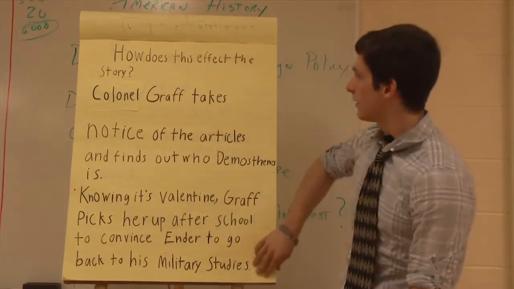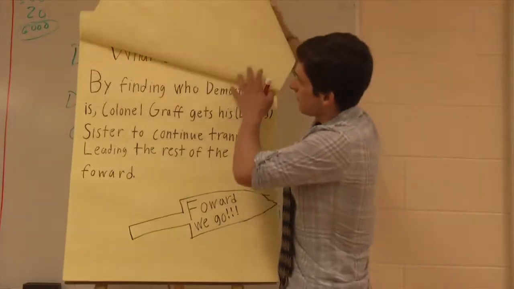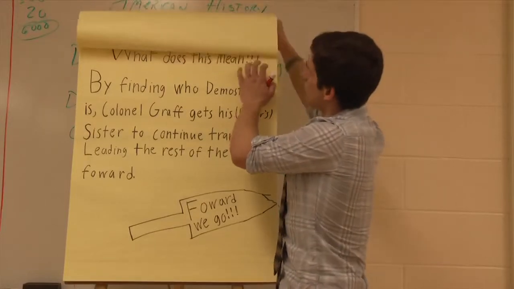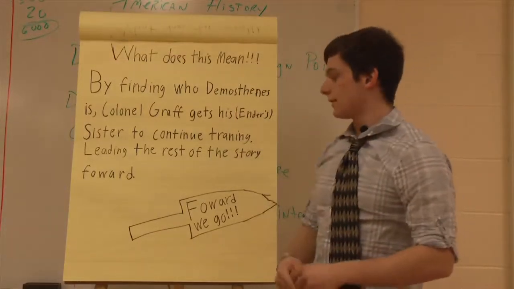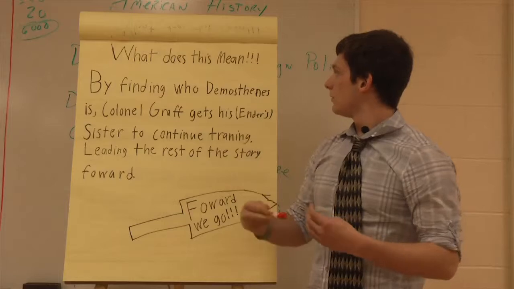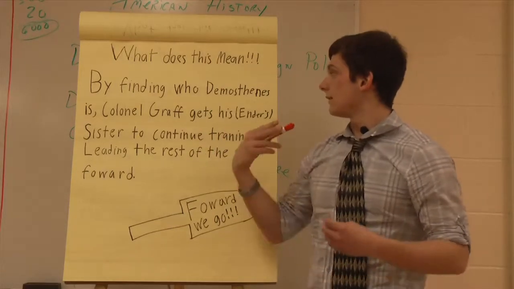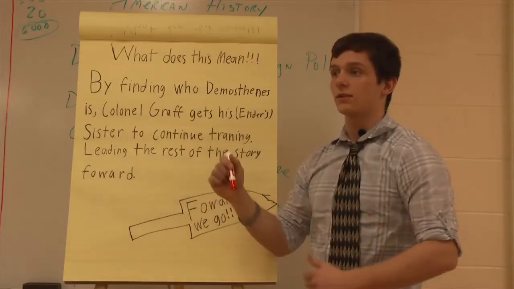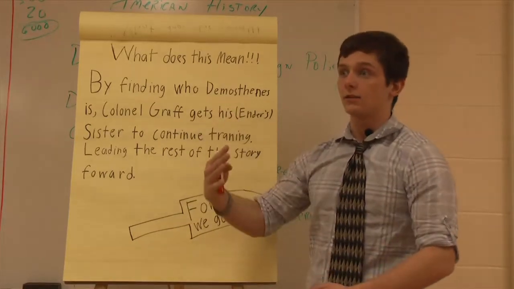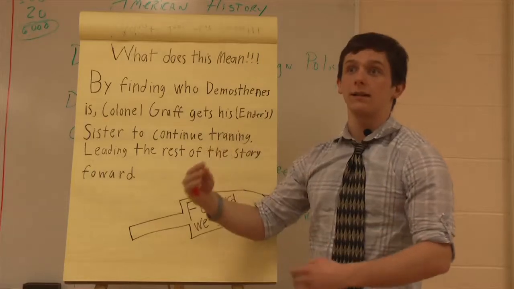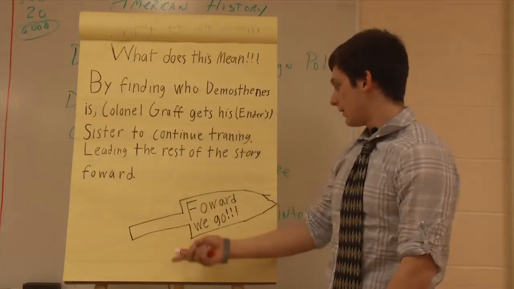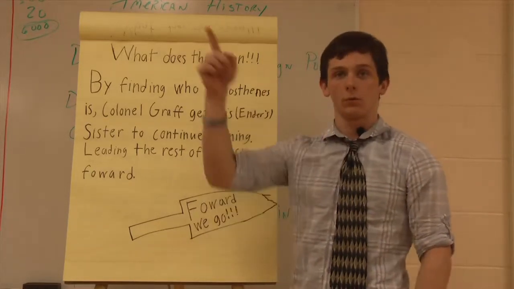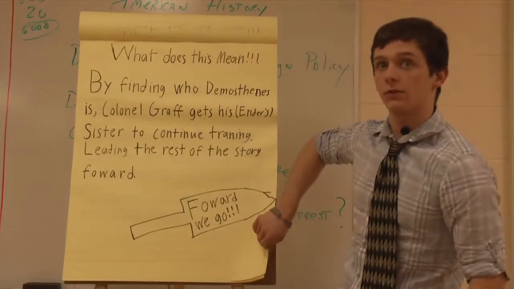So, what does this mean? By finding who DE is, Colonel Graff gets Ender to join back into his studies by convincing his sister, who is actually DE, to convince him to go to battle school. And as I said, we go forward. That's what you have to do with the story.